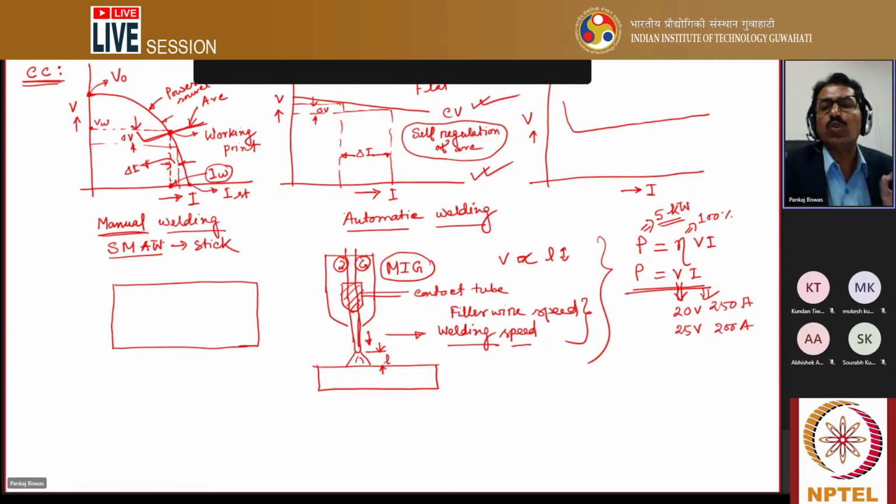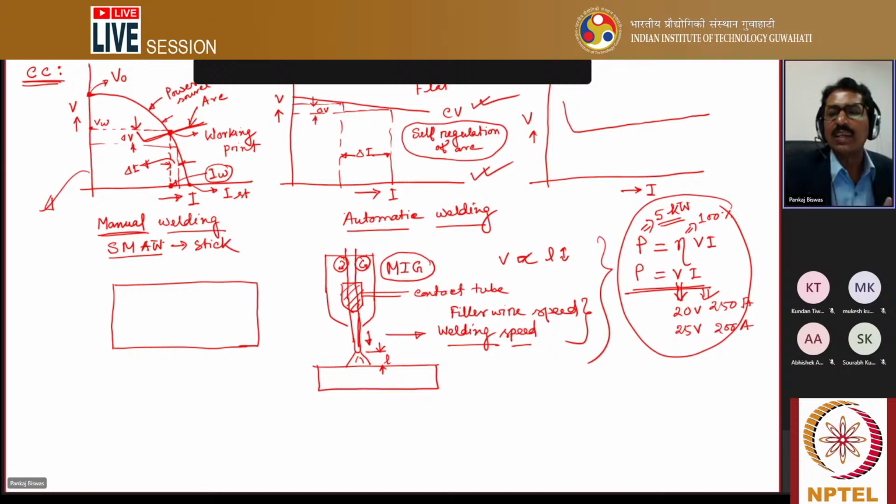But beforehand you should have some input in your hand. That means for a particular welding operation, for a particular thickness of plate, if you know the power requirement or the voltage requirement, any one of these things, then the other parameter you can decide automatically. This is generally some statistics also.